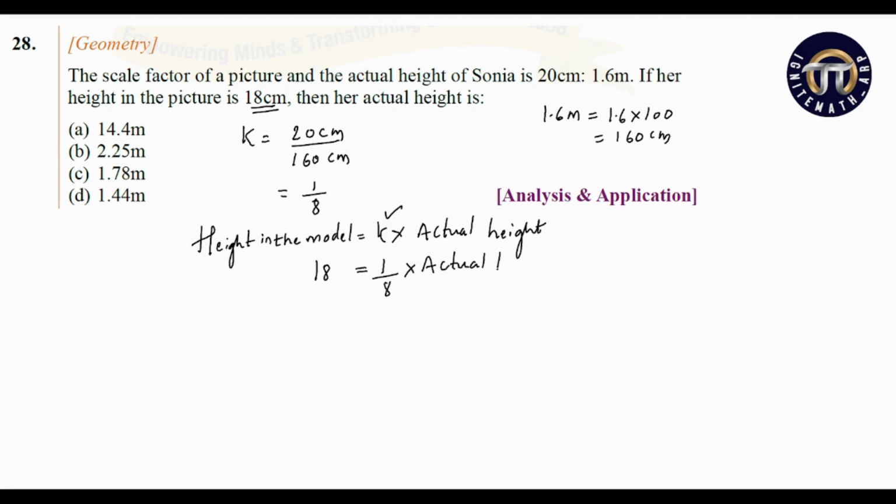So actual height I am supposed to find out. Actual height is equal to 18 into 8 centimeter, 8 8s are 64, 144 centimeter. The options are expressed in meters, so this is nothing but 1.44 meter. So option D is the right answer, 1.44 meter.